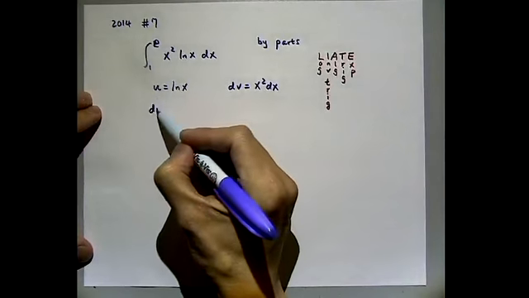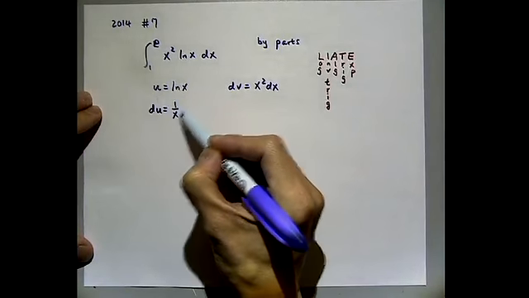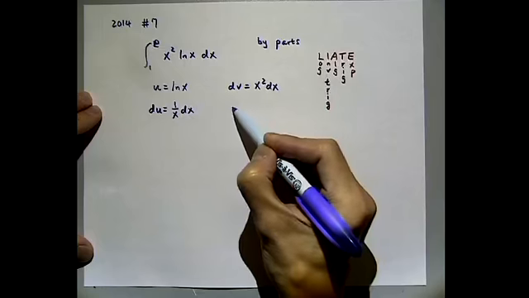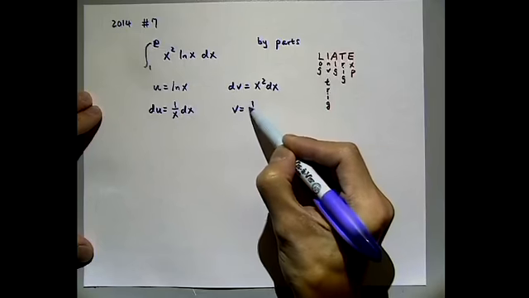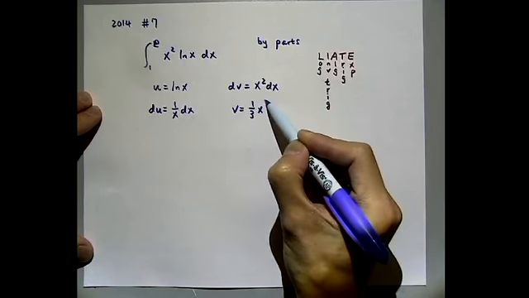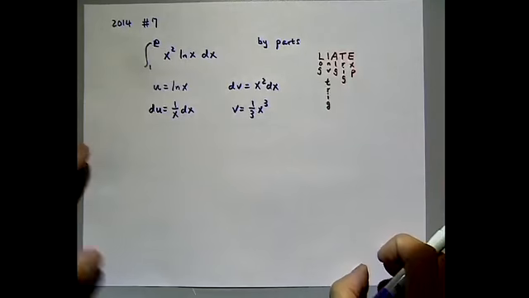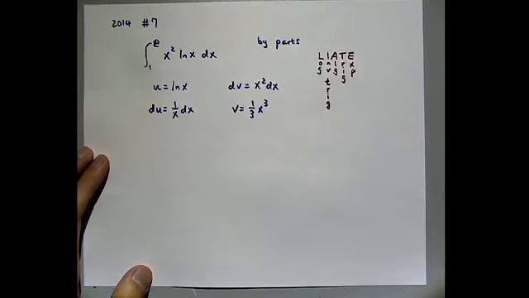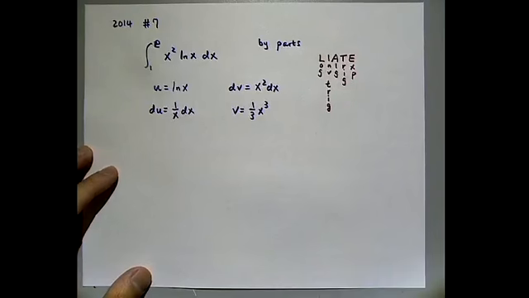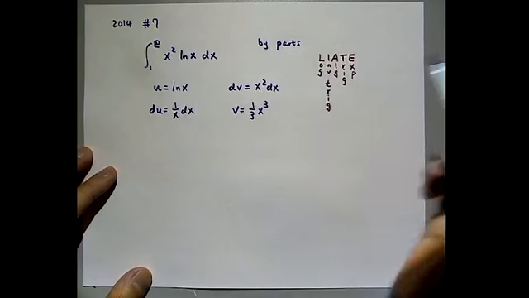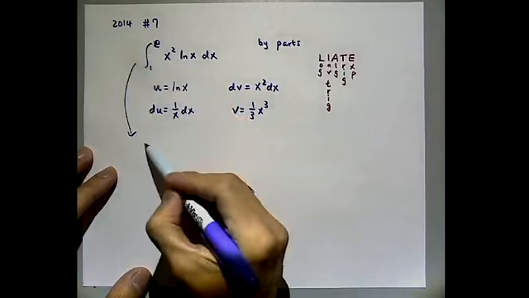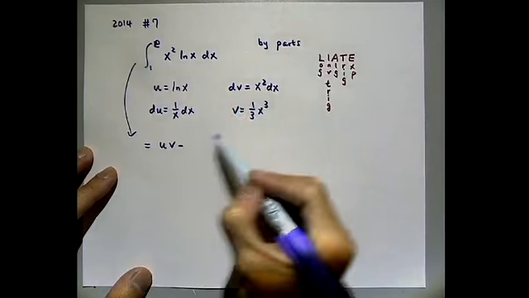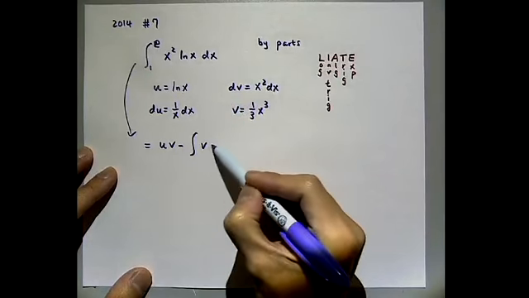Next, we differentiate u and integrate dv. All right, then it's uv minus the integral v du.